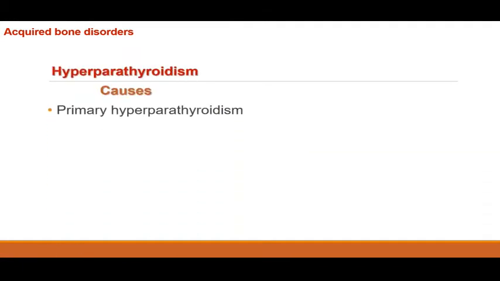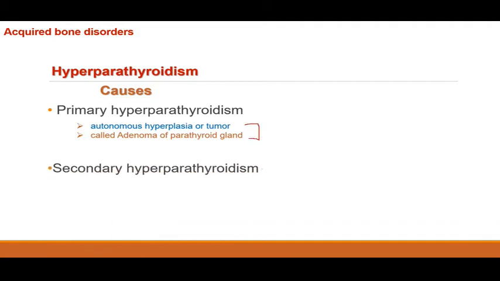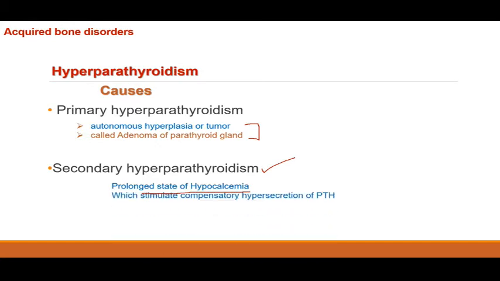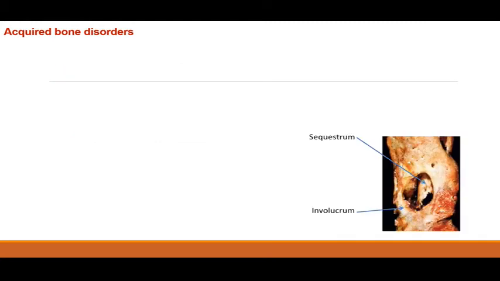The main causes of this disease are autonomous hyperplasia or a tumor called adenoma of the parathyroid gland, while secondary hyperparathyroidism is caused by a prolonged state of hypercalcemia, which stimulates the compensatory hypersecretion of PTH, that means parathyroid hormone.